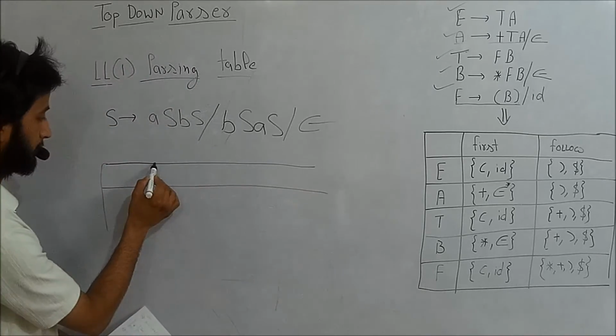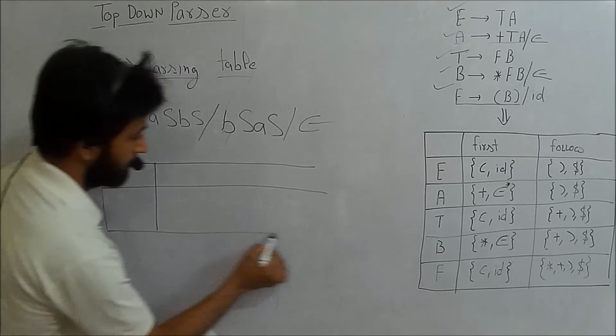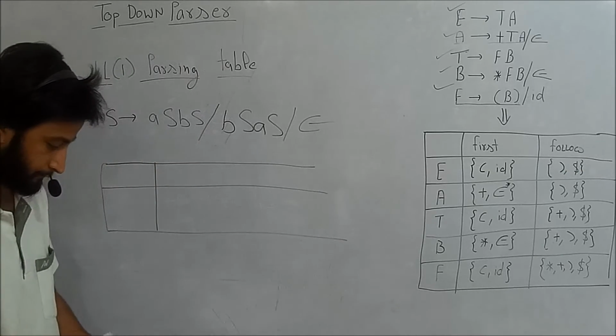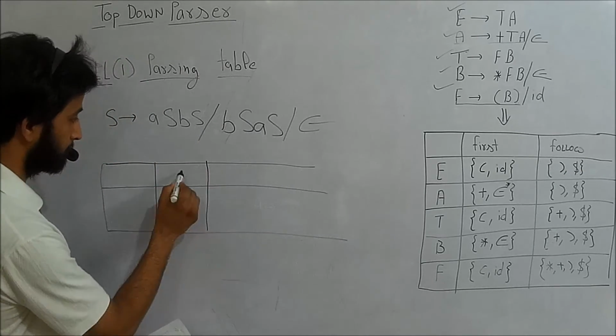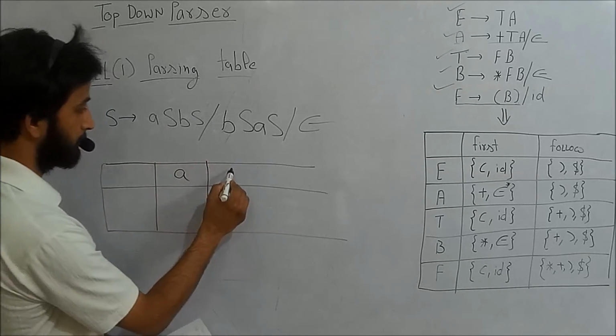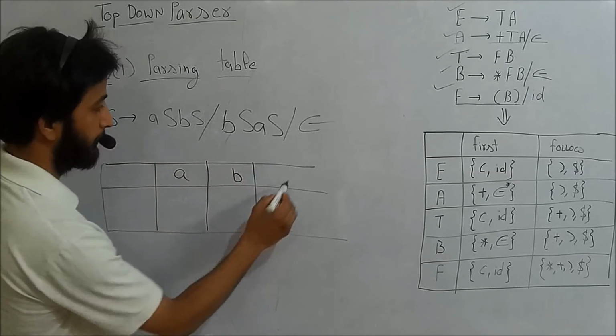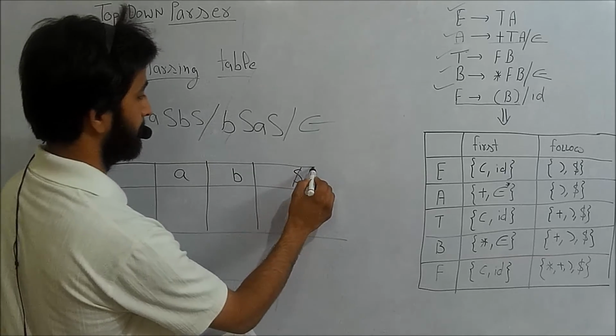First I have to write the terminals. The terminals are A, B, and dollar, which I have to add here.